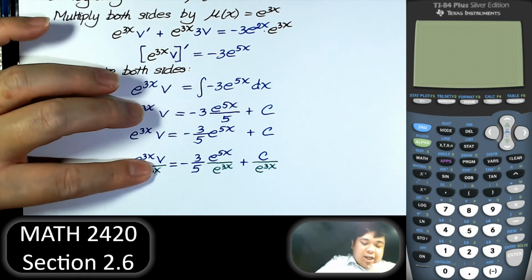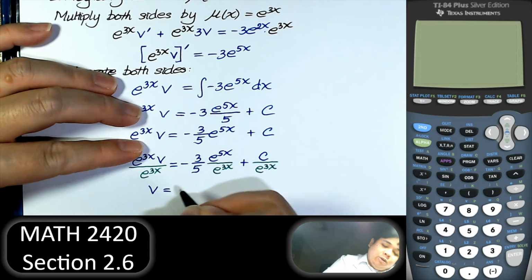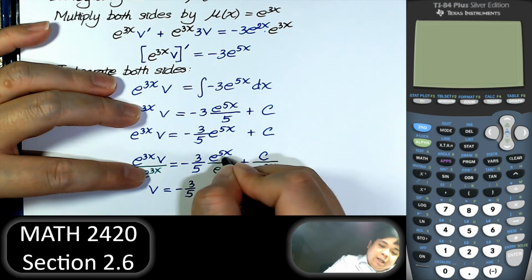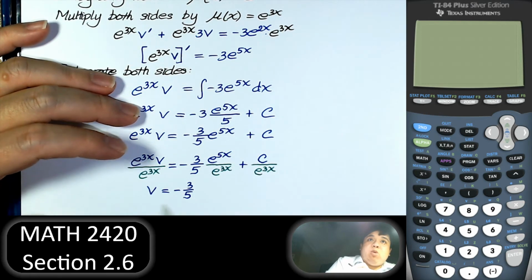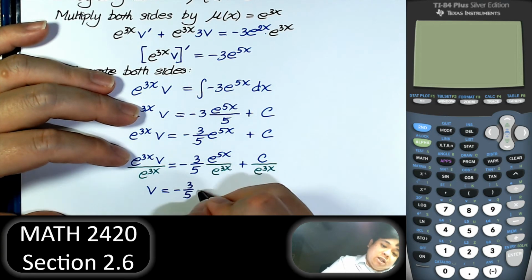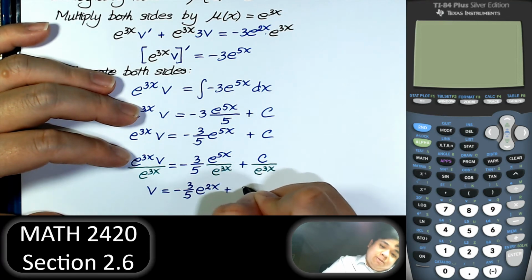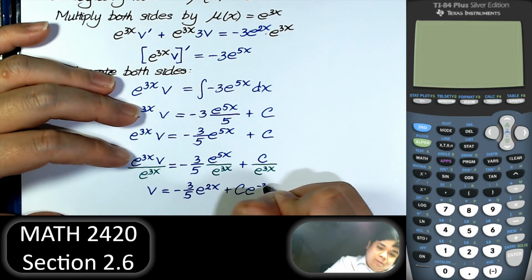Right, that cancels out. We have v equal to negative 3/5. When we divide, we subtract the exponents: 5x minus 3x is 2x. And move this to the top.